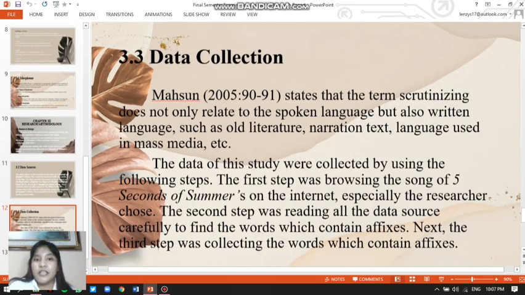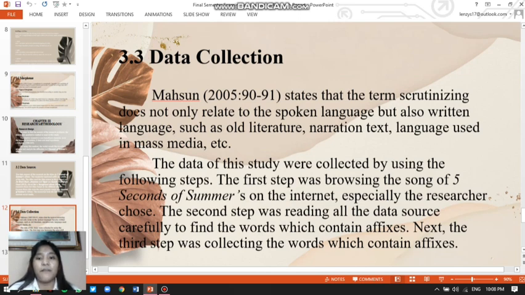3.3, Data collection. Mason, 2005, states that the term scrutinizing doesn't only relate to spoken language but also written language such as old literature, narration text, language used in mass media, etc. The data of this study were collected by using the following steps.